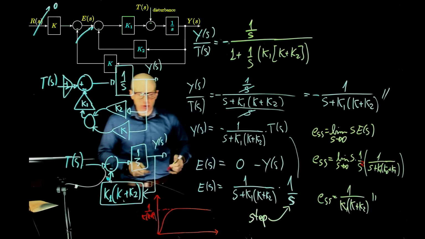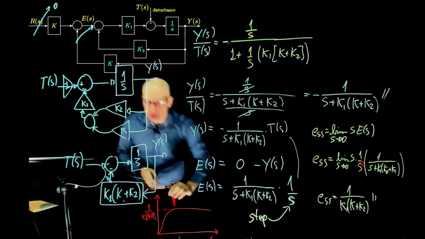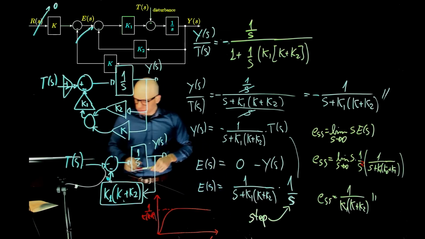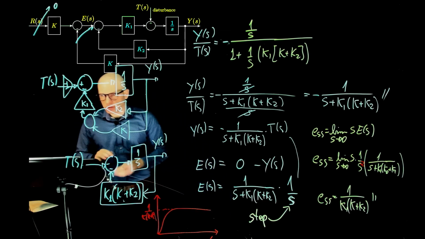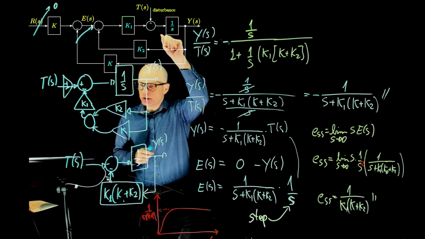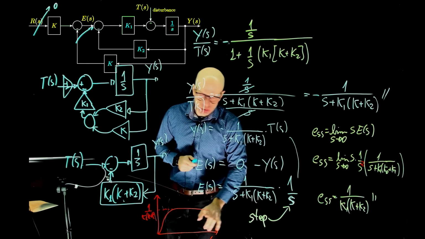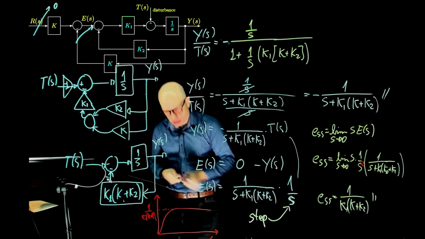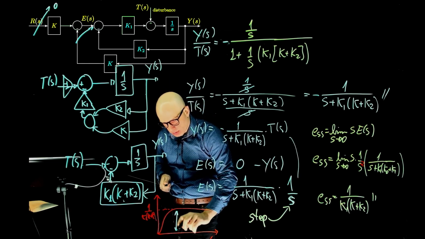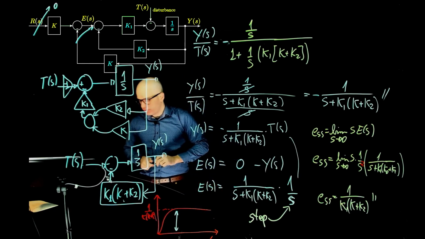All right, this is time, and this would be the result to a unit step disturbance. So something applies here, and the output goes to that. So this value is the error. This entire height here is the steady state error.